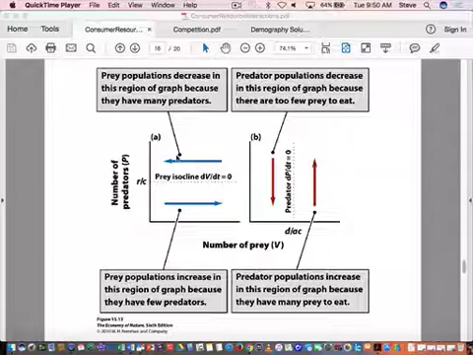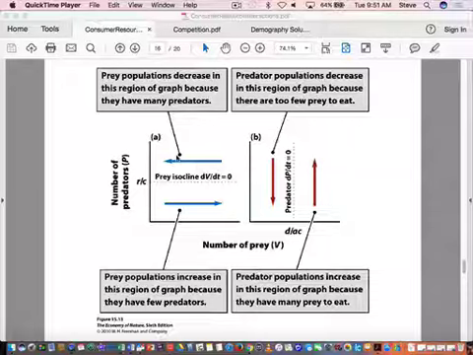That's that equilibrium point that we derived by setting the differential equation equal to 0. There's the other equilibrium point when we set the predator population size over time equal to 0. This is the predator isocline. Here's the prey isocline. So the key is prey populations increase in this region of the graph, right? Because they have fewer predators.